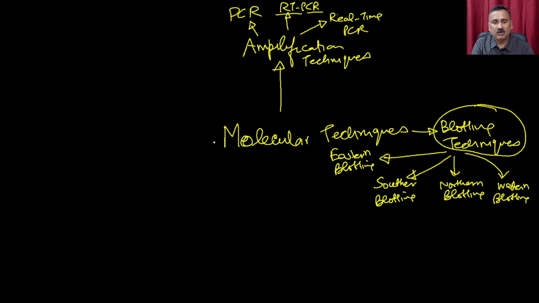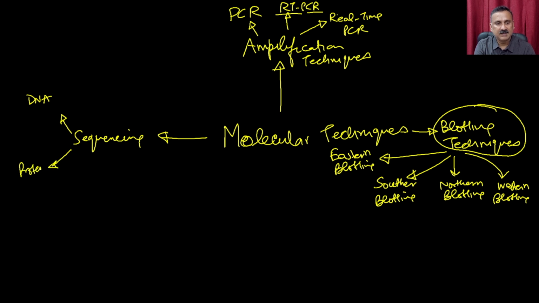Apart from that, you can also have molecular techniques such as sequencing techniques. So, you can do the sequencing of DNA and proteins also. So, you can have the sequencing of DNA, or you can also have the sequencing of proteins, and that can be useful in terms of the identification of that particular region or the accuracy of the cloning and other kinds of things.